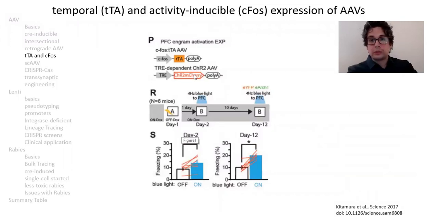This is a form of intersection where you have particular cells that are active, and due to their activity, they turn on tTA, but then also in the absence of doxycycline, that tTA is active to then turn on mCherry.